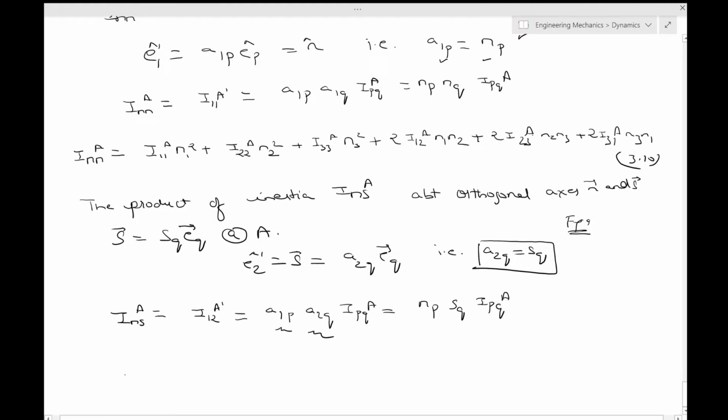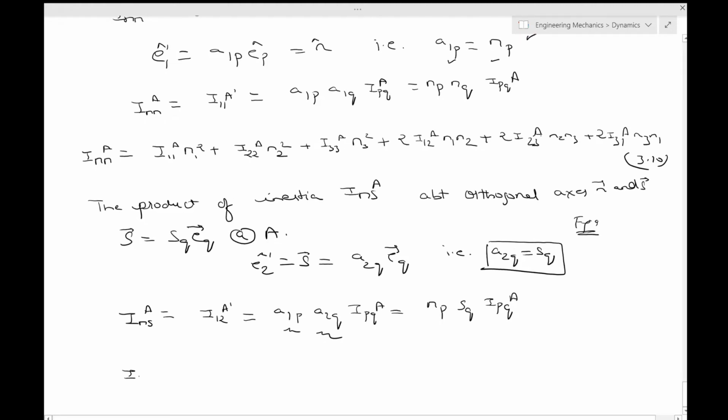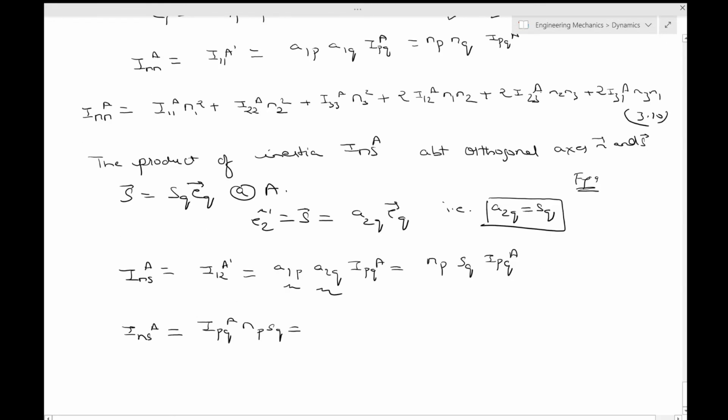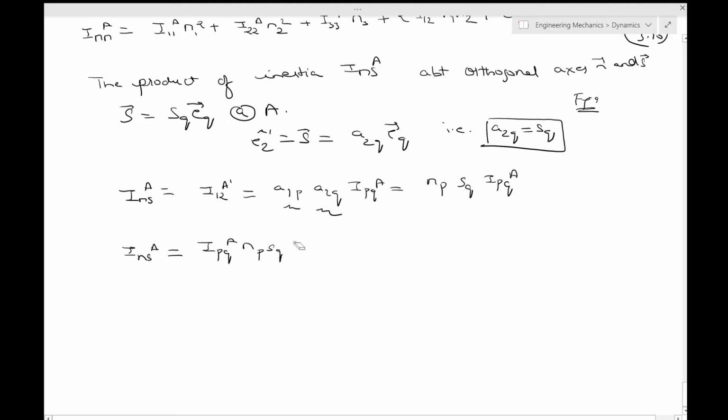Now Ins A is equal to Ipq A n_p s_q. We have to now write it in the expanded form because there's a repetition over p and repetition over q.